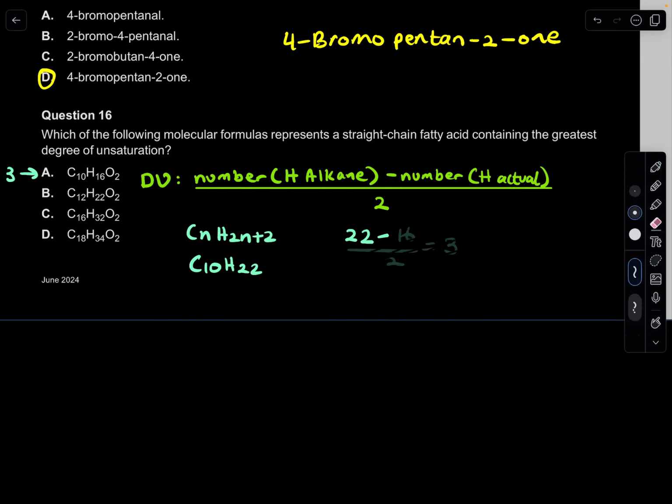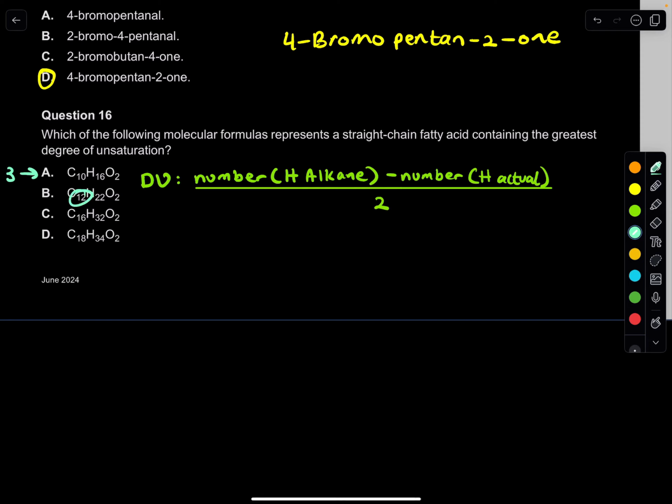How easy. And we just keep doing it. Let's try the other one. Same thing. 12 times 2 is 24, plus 2 is 26. Then you minus the actual number, which is 22, and divide by 2, which gives 2.